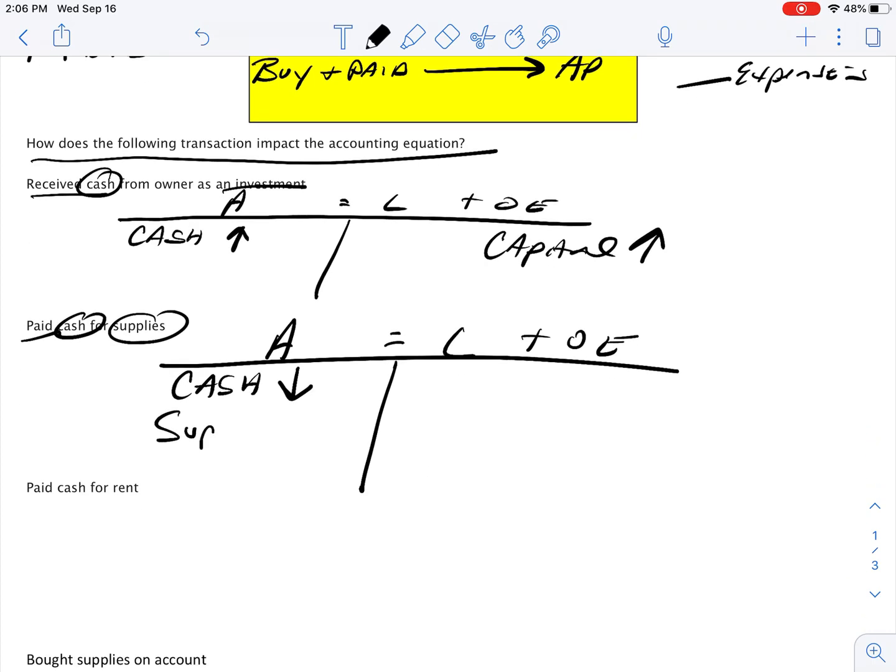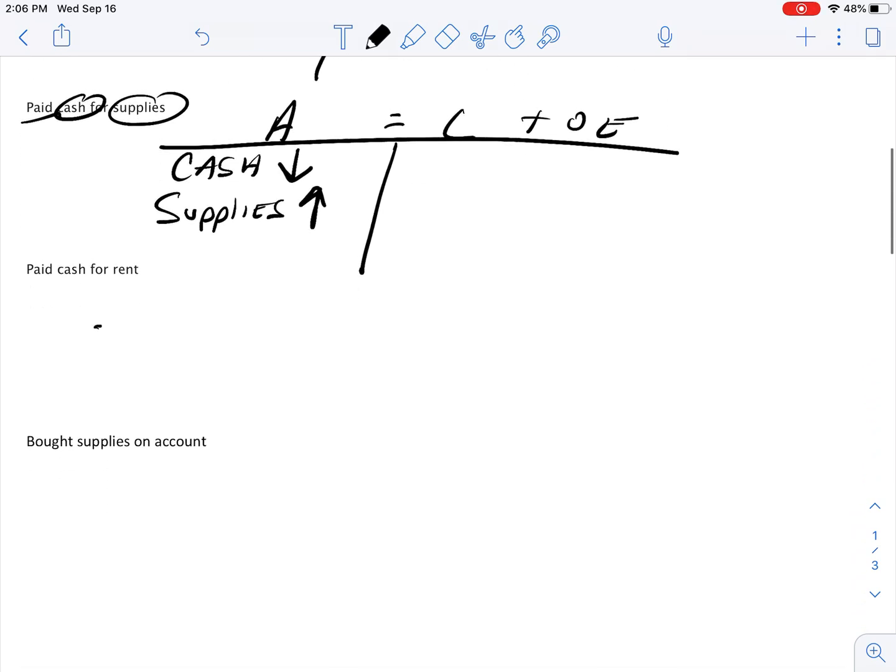Since I'm working on the same side, what happened to my supplies? Well, I bought supplies, so obviously my supplies are going up. Since I worked on the same side of the equation, I have one arrow going up, in this case supplies, and one arrow going down, in this case cash. Let's move on to the next one.